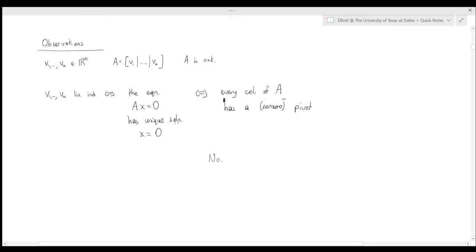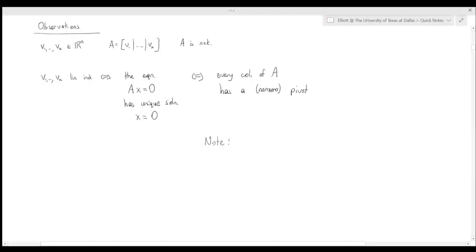And then I'll just make a small, kind of interesting note, which is that in order for there to be a pivot in every column, if we think about the size of the matrix A, we would need K to be less than or equal to N in order for this to work.